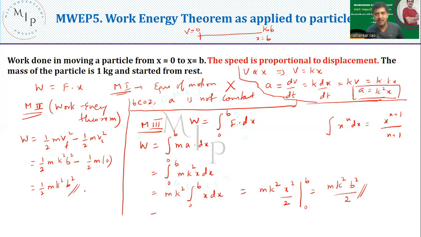But you should also know how to solve the same problem using the integration method. There are several methods in physics. It's not only this method. You have one more method known as the Hamiltonian method. And you have one more method, the Lagrangian method. But you don't have it now. Maybe when you go for your master's degree courses, then you will have it. Until your 11th and 12th, I think this is sufficient. So we have done it by 2 methods.